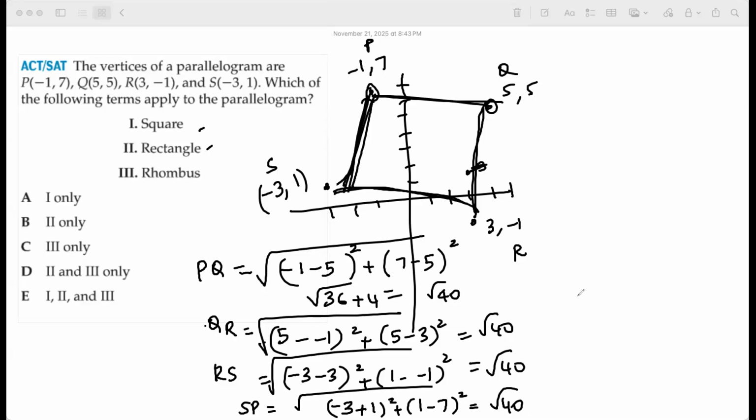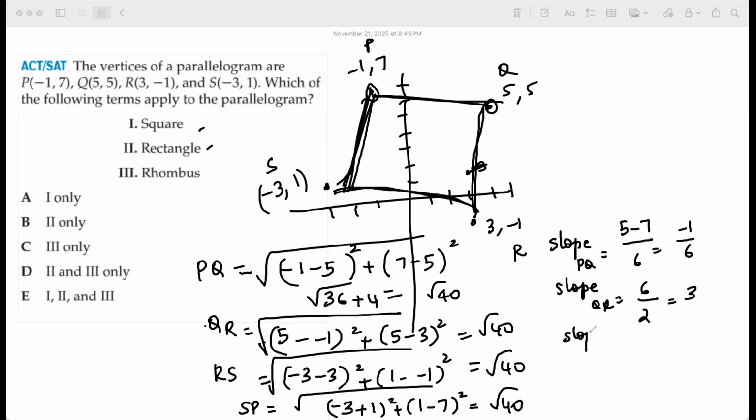Now, with all this, what are the slopes? Slope of PQ is 5 minus 7 divided by 6 minus 1 by 6. Slope of QR, 5 minus minus 1 divided by 5 minus 3. Am I doing it correctly?